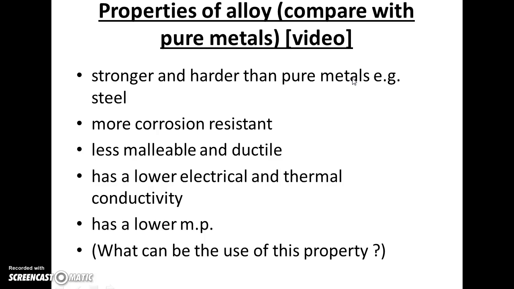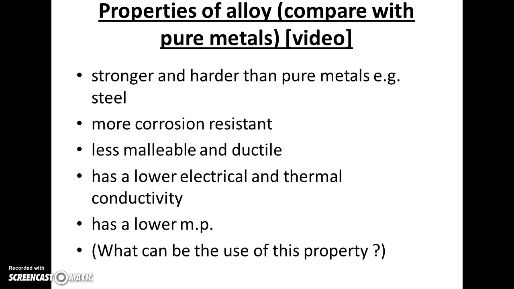Actually, most applications in our daily life would have mixed some metals in order to reduce the malleability and ductility of the metals. You can imagine if the handle of the door is made of pure metals, when you turn the knob then the metals of the knob will change the shape due to the malleability, right?